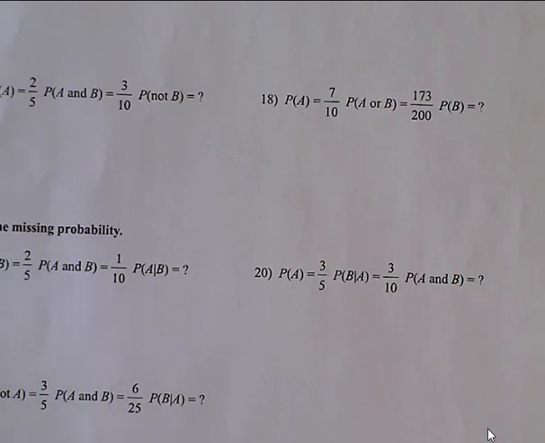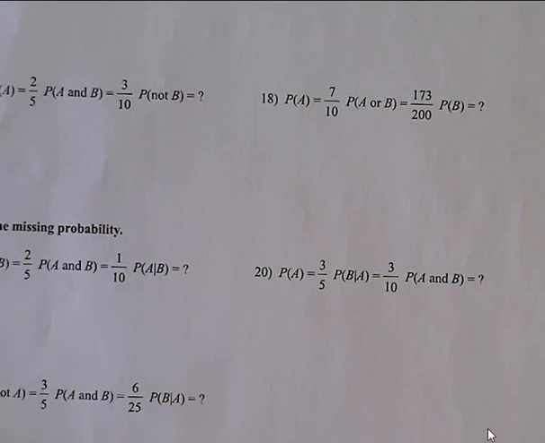So again, probability of A or B equals the probability of A plus the probability of B. So A or B is 0.72. Probability of B is 0.45. Subtract over the 0.45.